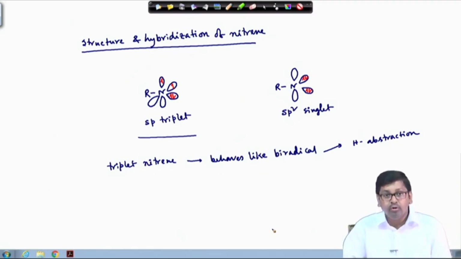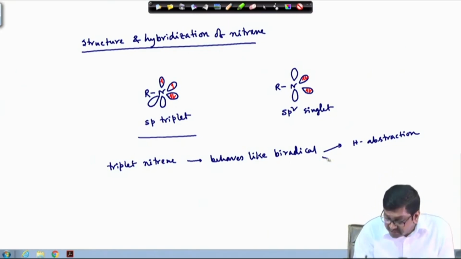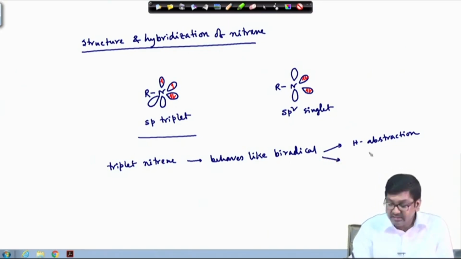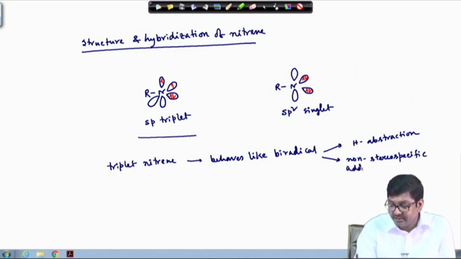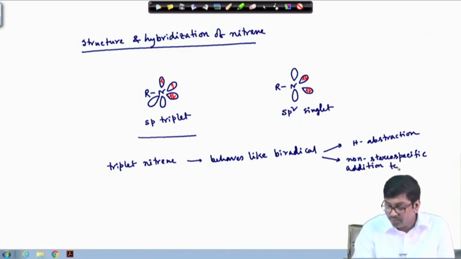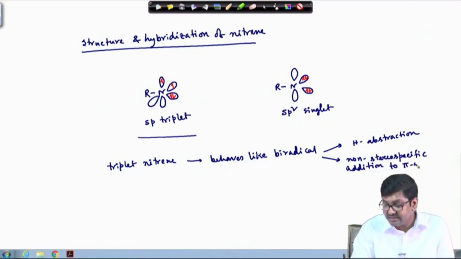In this case also, when we use the triplet nitrene, they also behave in a similar fashion, that is they will also give non-stereospecific addition to pi systems.